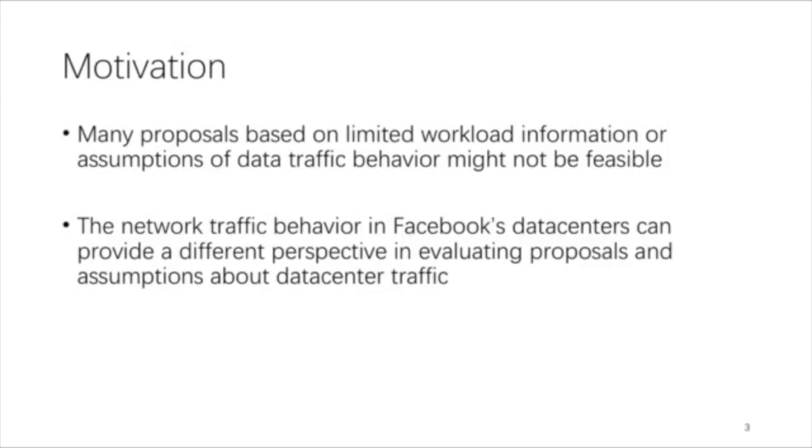So, as we know, Facebook has a very different series of services from Microsoft. So their network traffic behavior is also supposed to be different. So a study about Facebook's data center can provide a different perspective on this kind of problem.